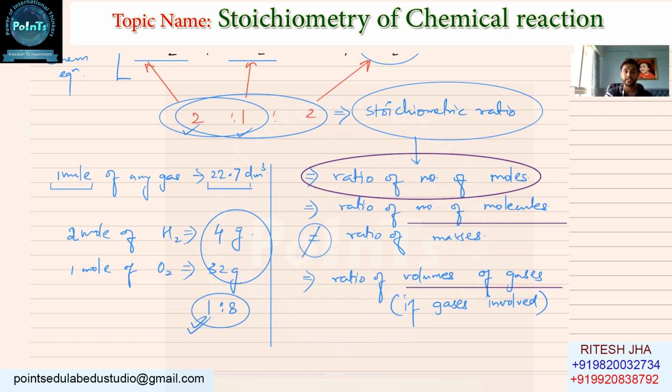We use that only if gases are involved. Otherwise we don't use it. So this is what is best to be used. Always use the ratio of number of moles to determine the stoichiometric ratio. Is that clear, guys? All of you? Cool. Let's go ahead.